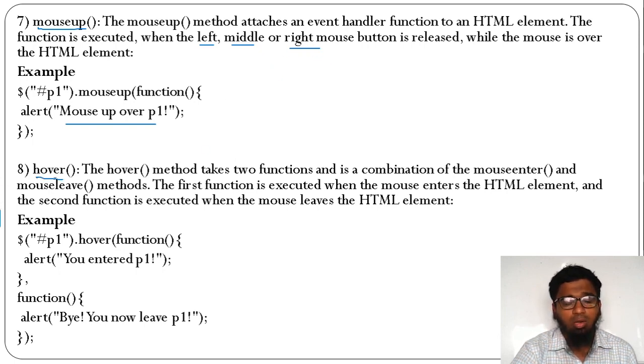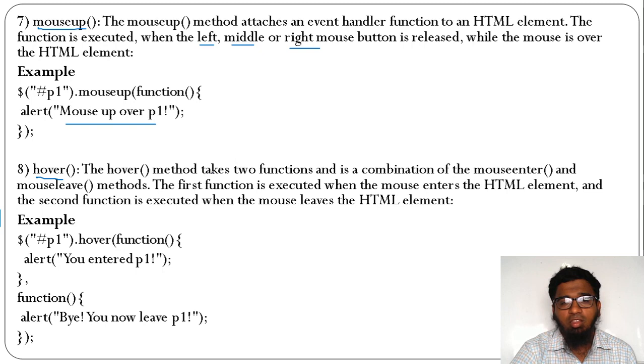Okay, the eighth one is hover. Hover means most of the time it will say mouse over. Mouse over means when I take my mouse onto any element, like a radio button or link or button, anything, at that time this will perform.